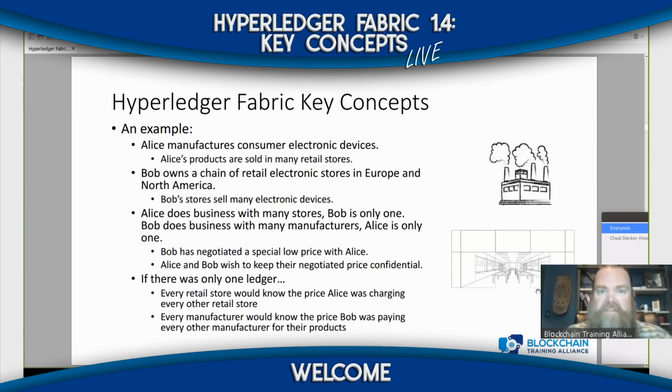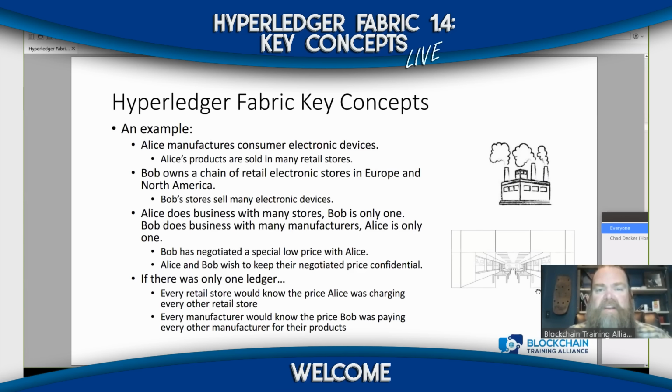So, of course, as you guys probably know, anytime we have any kind of hypothetical example in sociology, economics, physics, etc., we have to use our best friends, Alice and Bob. And so we've brought Alice and Bob in today to help out with this little example. So Alice manufactures electronic devices.